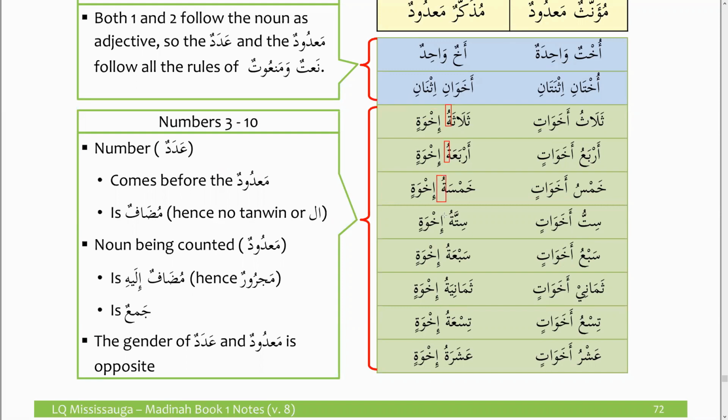Arba'atu, khamsatu, sittatu, sab'atu: all genders will come opposite for 3 to 10. And if the ma'dud, the thing being counted, is feminine, you'll say thalathu, with no ta now, khamsu, sittu, sab'u, thamani. Because it is thamaniyatu, we just drop the ta and it becomes thamani, not thamaniya, then tis'u and ashru.